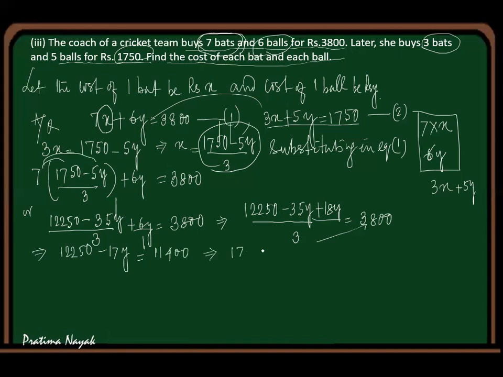Or 17y is equal to 12250 subtraction 11400. This gives you 850, or y is equal to 850 divided by 17 gives you 50.